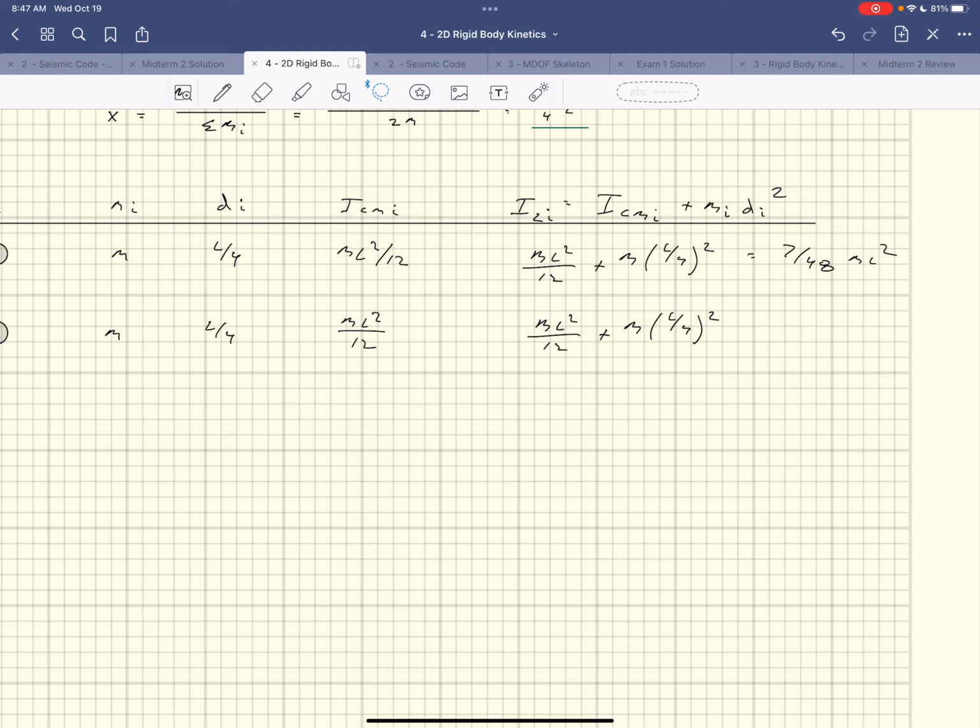Being lazy myself this morning. Oop, I wasn't lazy enough. 7/48 ML squared. Right, and then you sum those up. Now they're both about the same place. And so you get 0.292 ML squared.